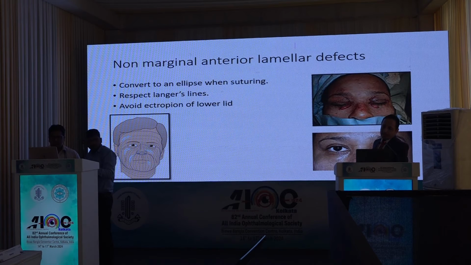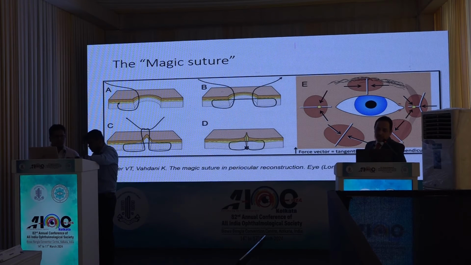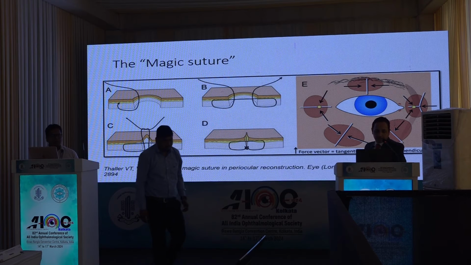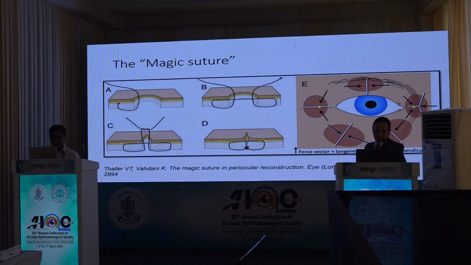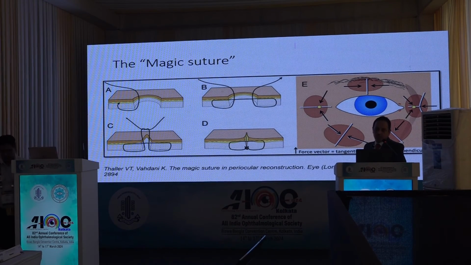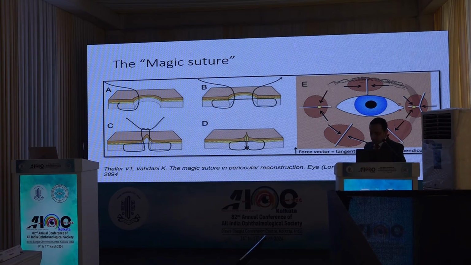With non-marginal anterior lamellar defects, it's preferable to convert them into an ellipse as far as possible, respecting Langer's lines. An alternative that has been described is the magic suture proposed by Thaler and Vadani, which essentially is a deep subcutaneous suture, bringing the wound edges closer together, with an emphasis on the direction of suture to be parallel to the lid margin at all points, as shown in the diagram here.